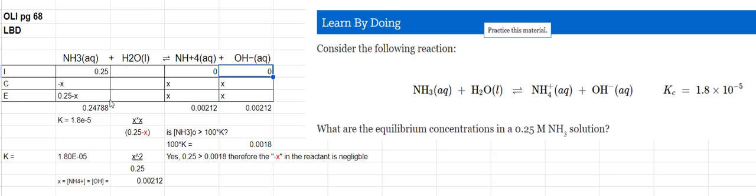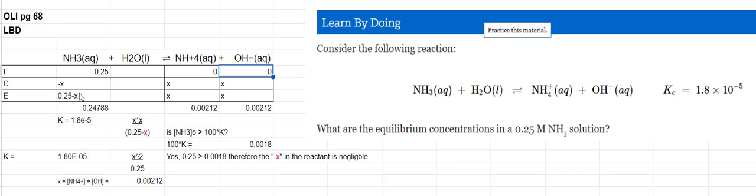But it turns out if the initial concentration is reasonably large relative to the equilibrium constant, if the equilibrium constant's really small, sometimes the difference here, the minus x, can be dropped or ignored, because the change in the concentration of the reactant, in this case the 0.25, will be negligible.